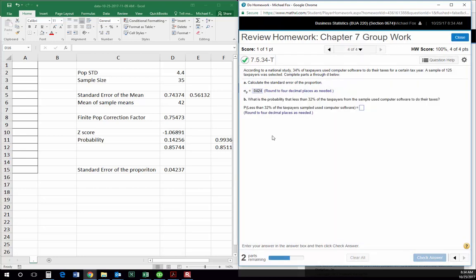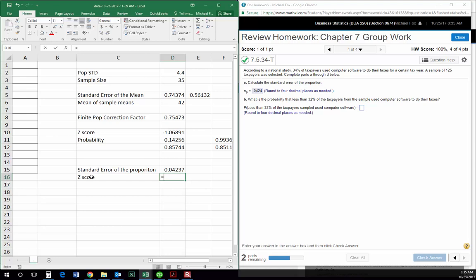Second is, what's the probability that less than 32% of the taxpayers from the sample use computer software to do their taxes? So now we find the z-score of the sample proportion. Again, that's a formula on page 318 in the book. To find the z-score, that is P-bar, the sample proportion, minus P, the population proportion, divided by the standard error of the proportion.